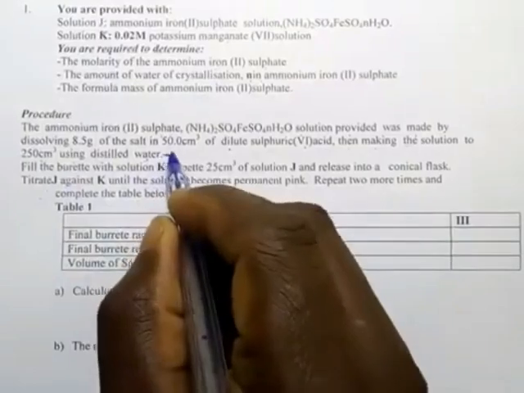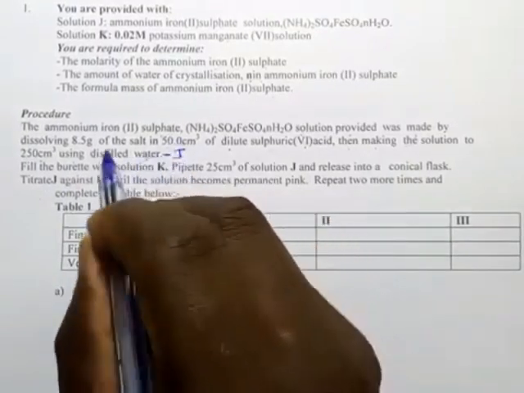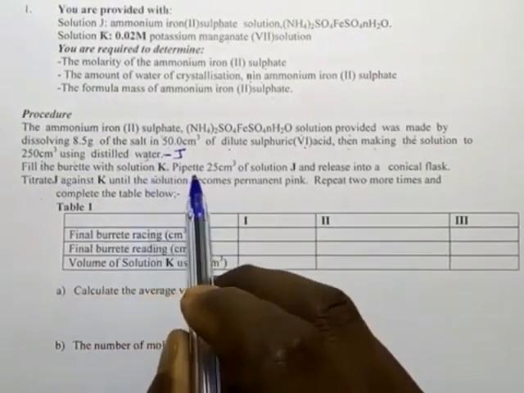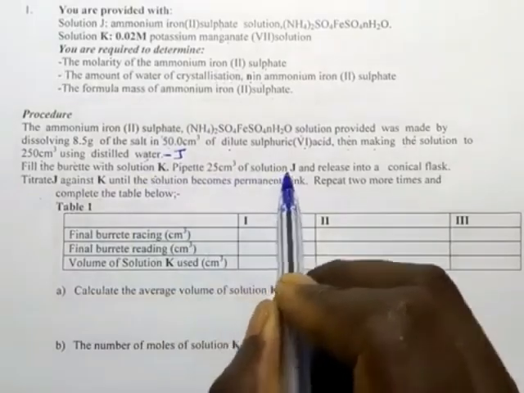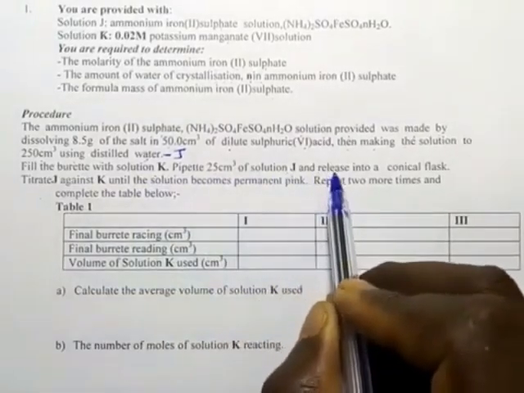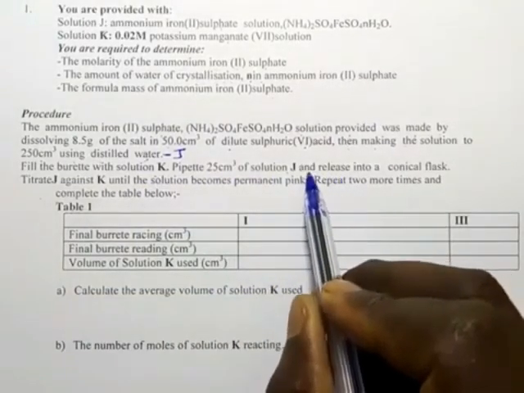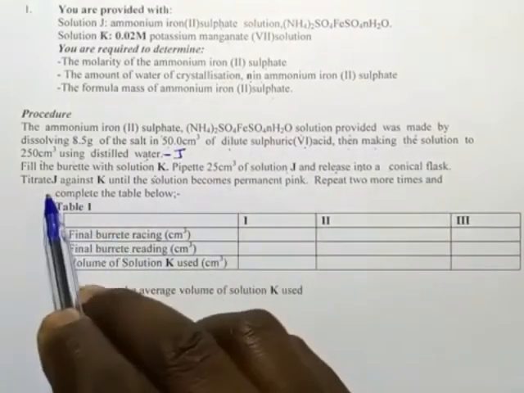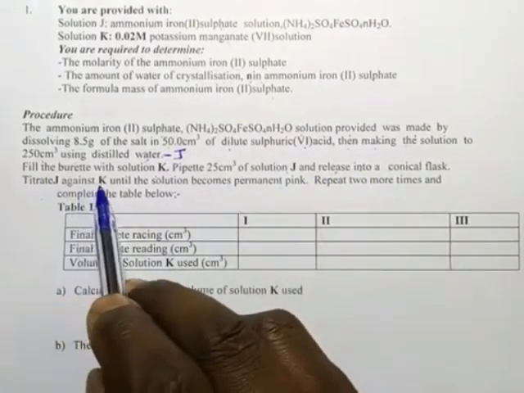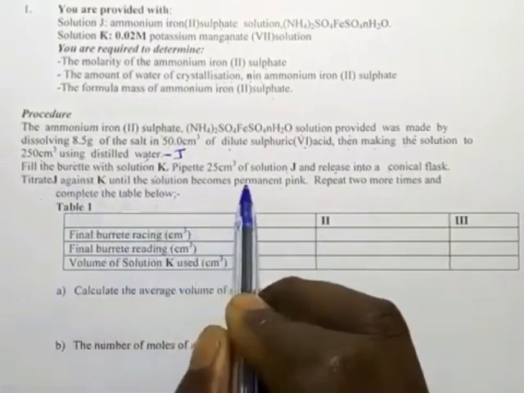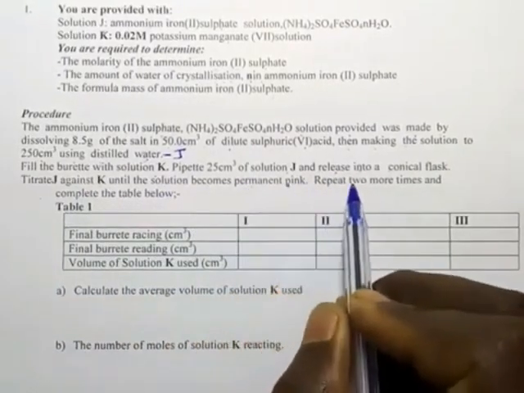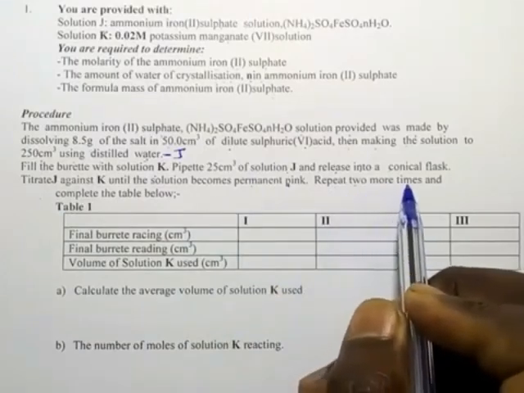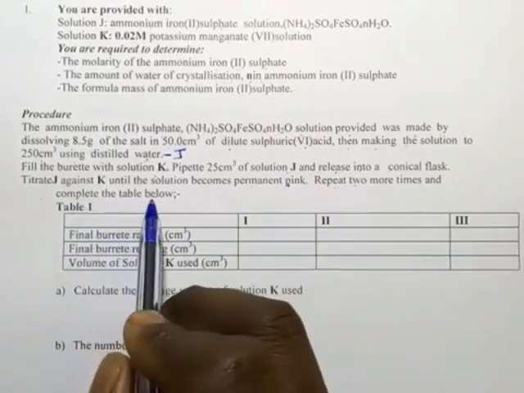So this is solution J. Fill the burette with solution K, pipette 25 centimeters cube of solution J, and release it into a conical flask. Titrate J against K until the solution becomes permanent pink. Repeat 2 more times and complete the table below.